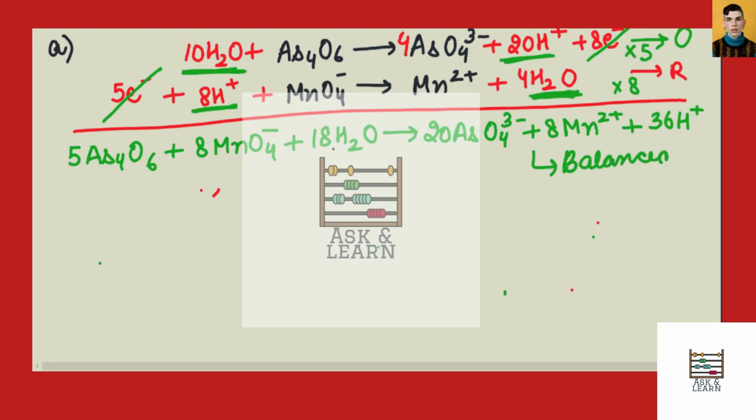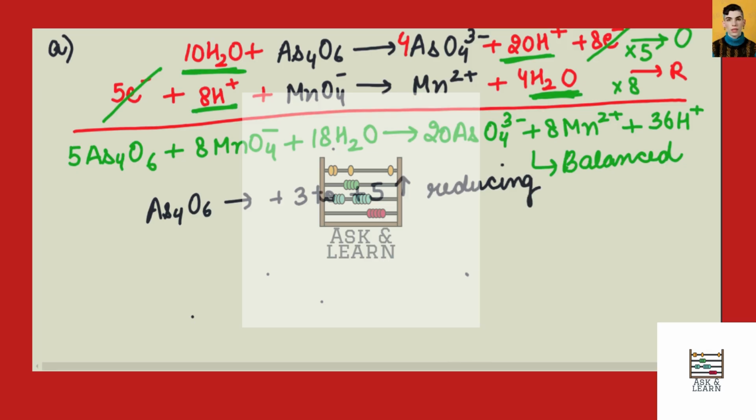And now we have to see which is the oxidizing agent and which is the reducing agent. So if you see, in As4O6, the arsenic goes from oxidation state +3 to +5, which means the oxidation state is increasing, and that's why it's the reducing agent, because it's oxidizing itself.